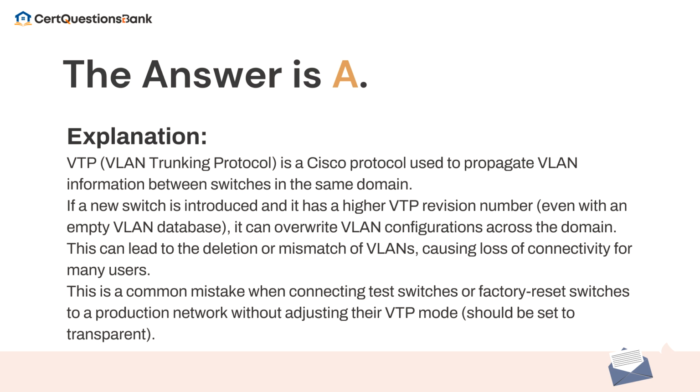This can lead to the deletion or mismatch of VLANs, causing loss of connectivity for many users. This is a common mistake when connecting test switches or factory reset switches to a production network without adjusting their VTP mode. It should be set to transparent.